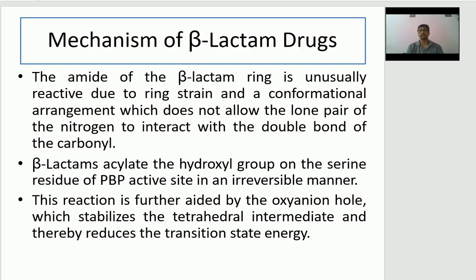Beta-lactams acetylate the hydroxyl group on the serine residue of the PBP active site in an irreversible manner. This reaction is further aided by the oxyanion hole, which stabilizes the tetrahedral intermediate and thereby reduces the transition state energy.